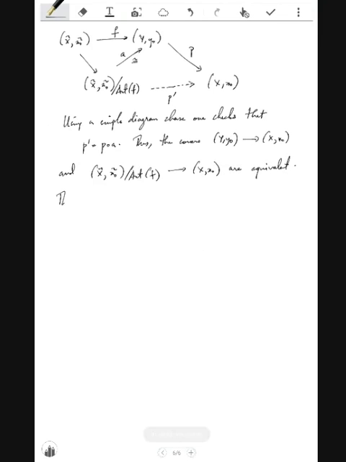So this proves that psi composed with phi is equal to identity.